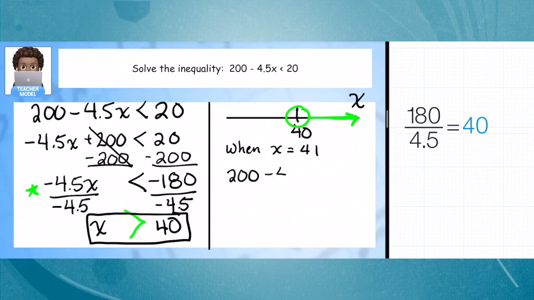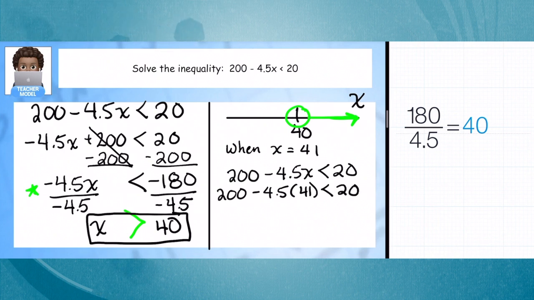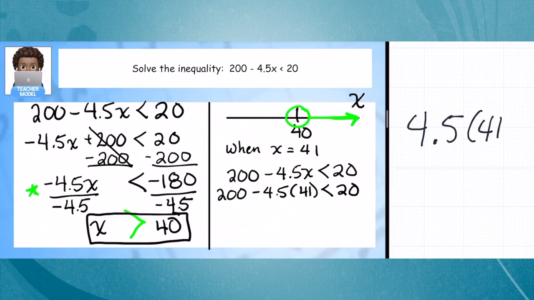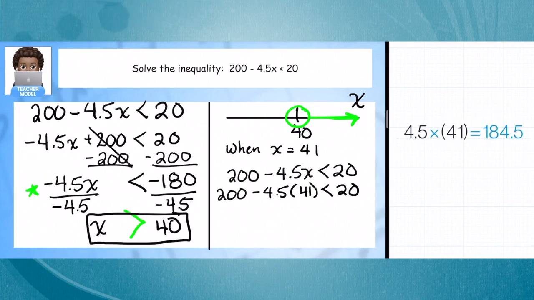So 200 minus 4 and 5/10 x. And I'm going back to my original inequality. We're going to substitute times 41. So 4 and 5/10 times 41 gives me 184 and 5/10.